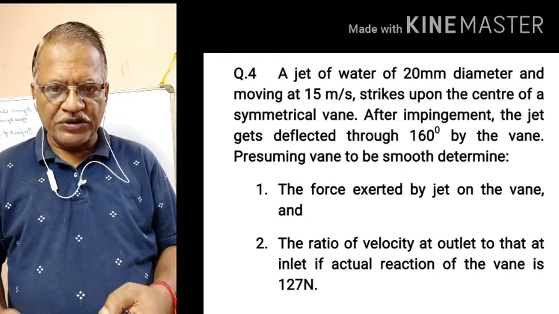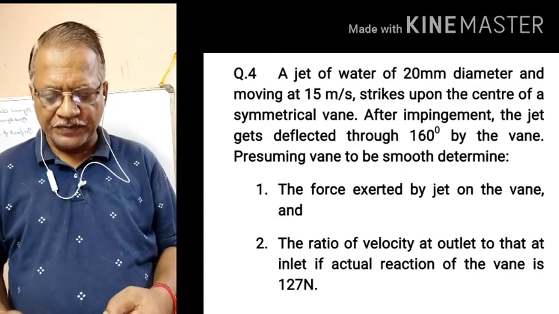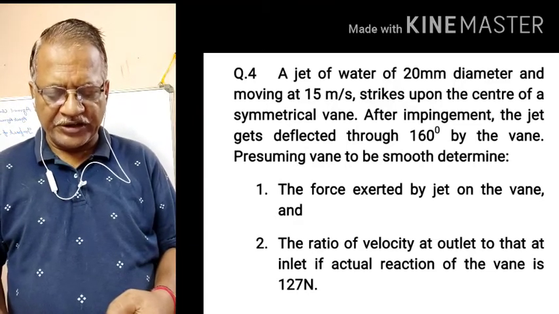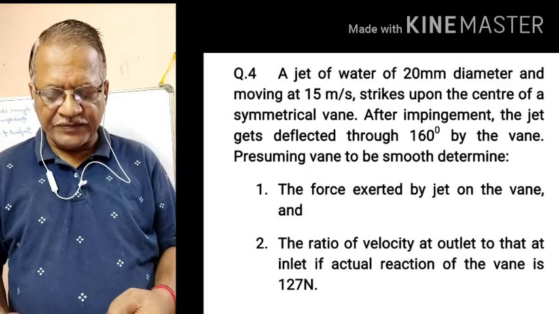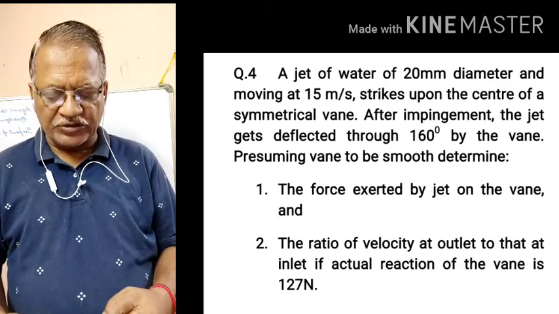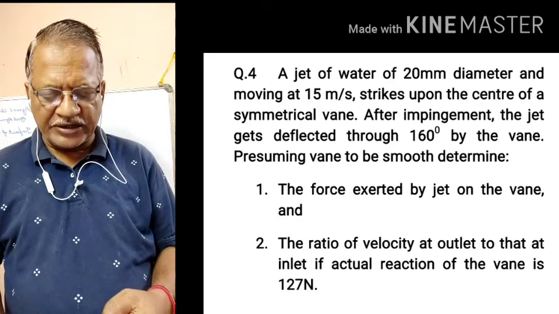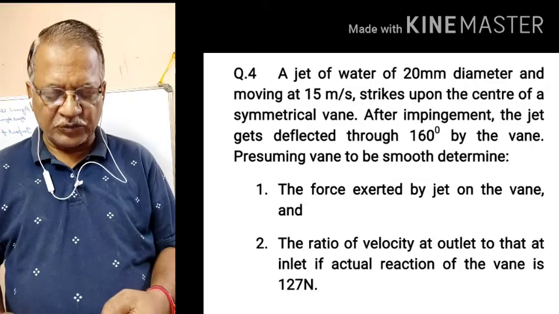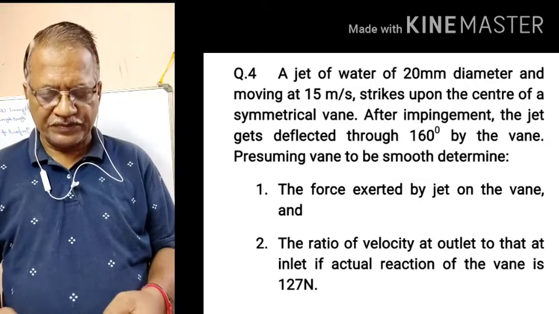Presuming the vane to be smooth, determine the force exerted by the jet on the vane, and second, the ratio of velocity at outlet to that at inlet if the actual reaction of the vane is 127 Newton.